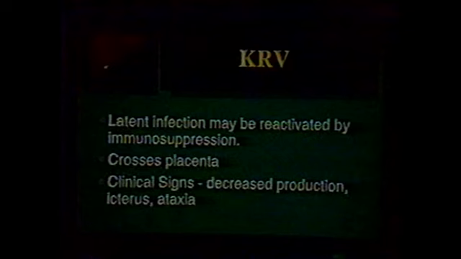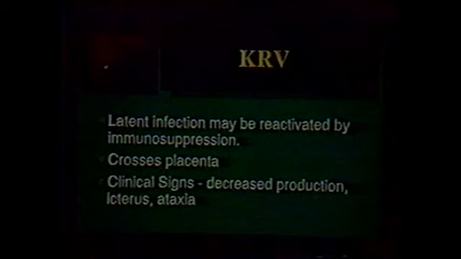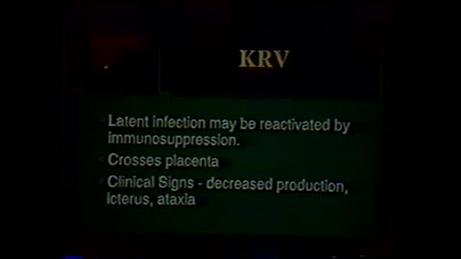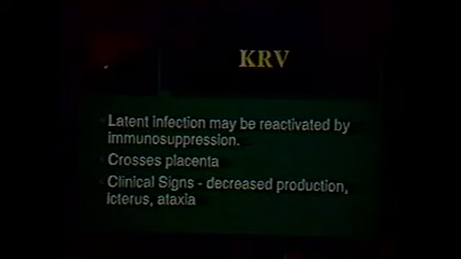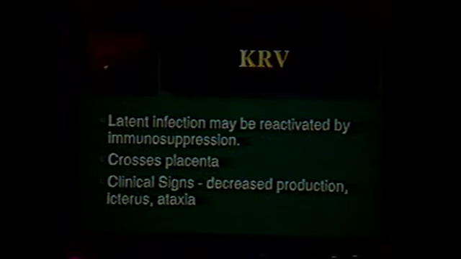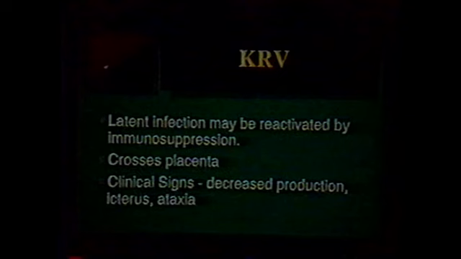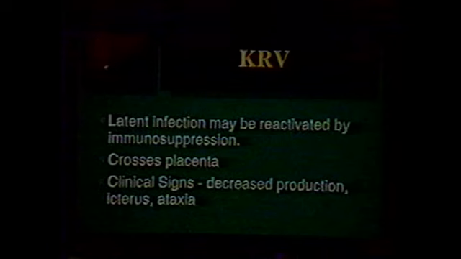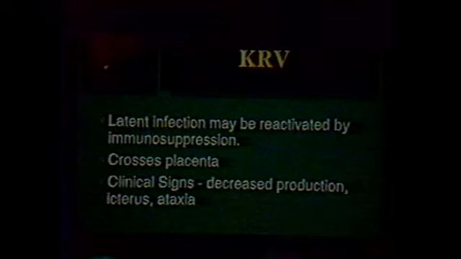And it's a situation, again, where infection is common, but clinical disease is sporadic, and usually what we have is latent infection that's reactivated by immunosuppression. Okay. It is a viral infection that crosses the placenta, so it creates the possibility of vertical infection.